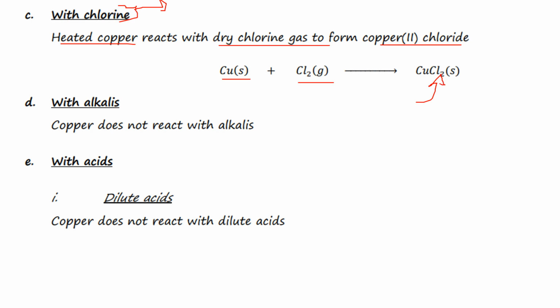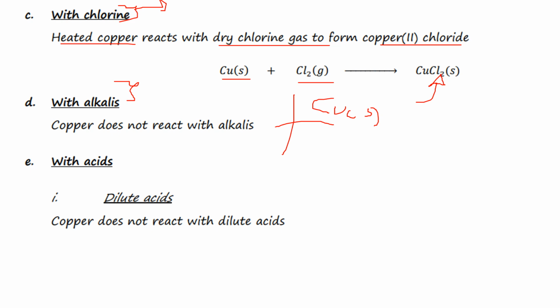Now with alkalis, let me explain this in detail because majority of you seem not to understand this. Copper as an element, that is, copper in its solid state, does not react with alkalis because it is a basic element.